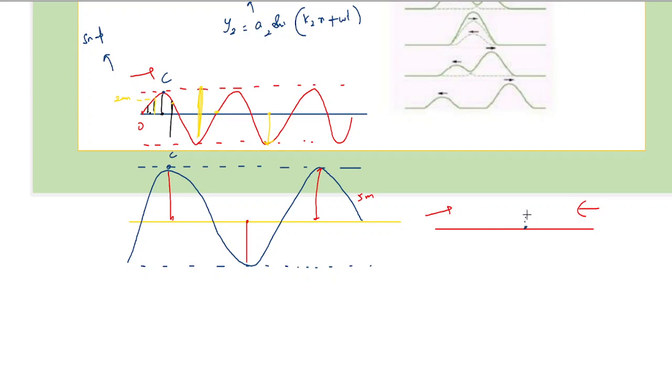So any given particle may go up to plus 8 meters and then minus 8 meters. So this would be plus 8 meter and this would be minus 8 meter.